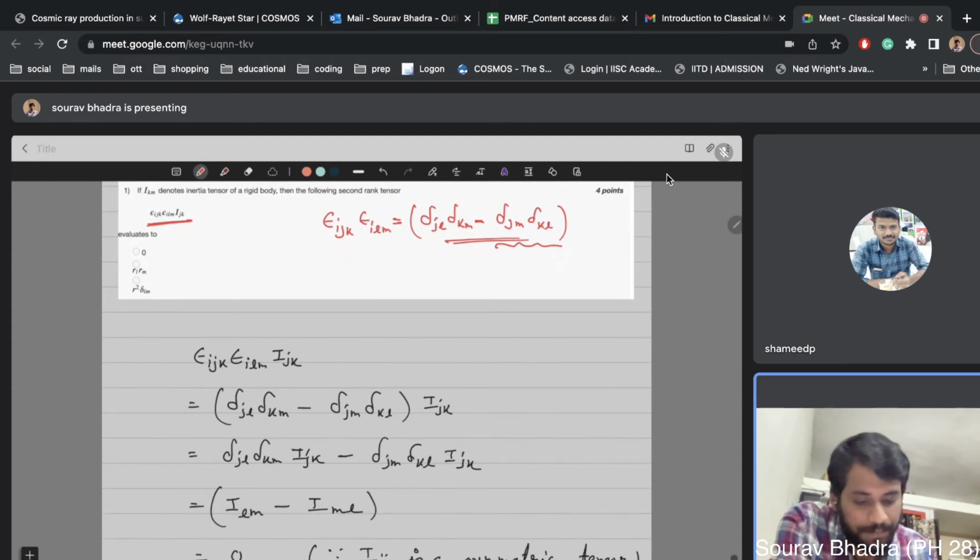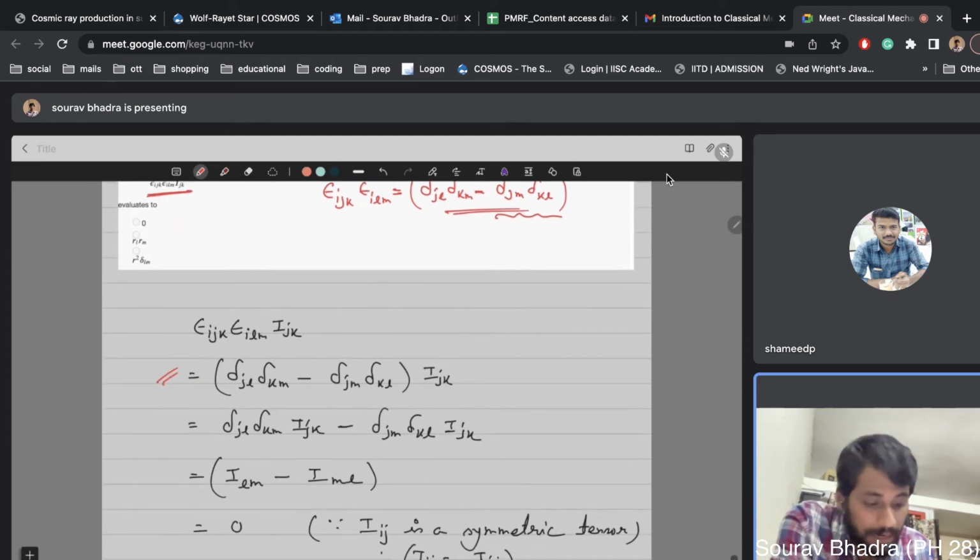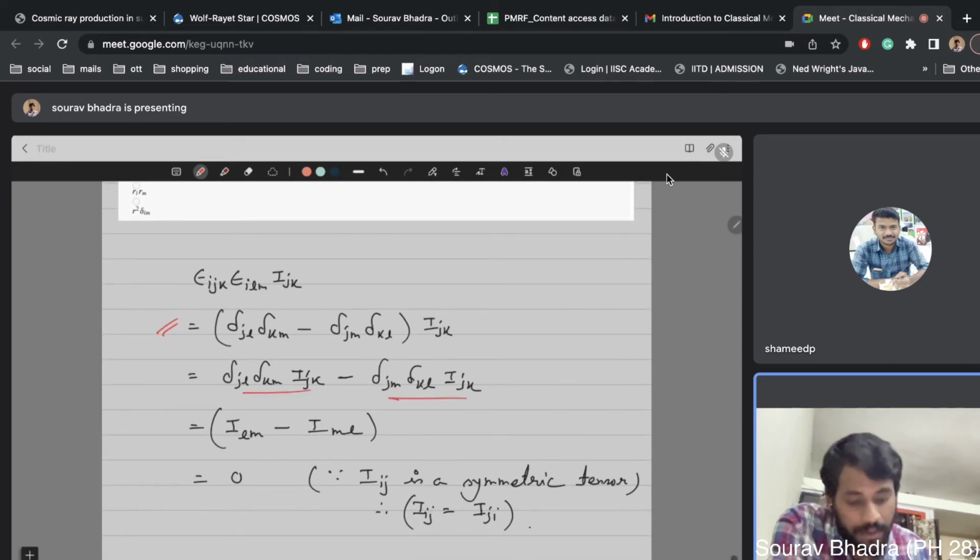Just use that property and operate it with Ijk. So this will be the term. Now delta JL is equal to 1 only when J is equal to L. If J is not equal to L, then delta JL is equal to 0.